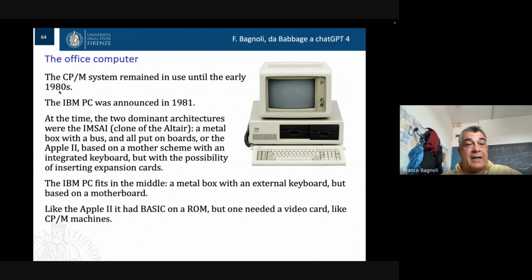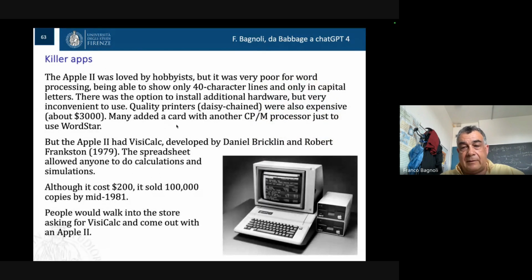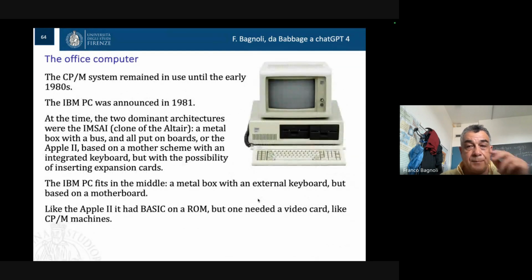So the 80s were dominated in the upper part of the market by the Apple II. It was also the time in which the IBM PC appeared.